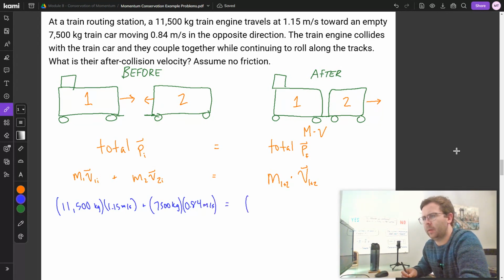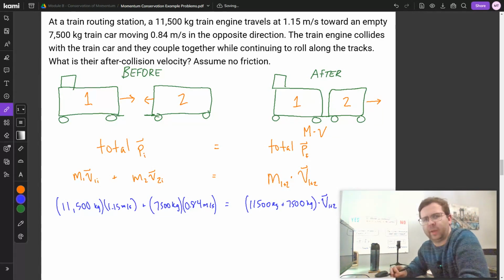And then the mass of the two cars together, I'm going to add 11,500 kilograms plus 7,500 kilograms, and I'm going to multiply by the velocity of both carts together.